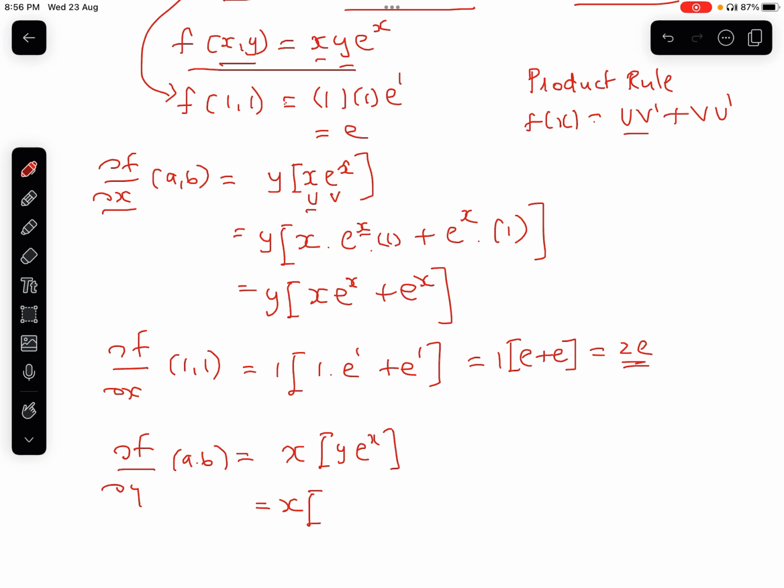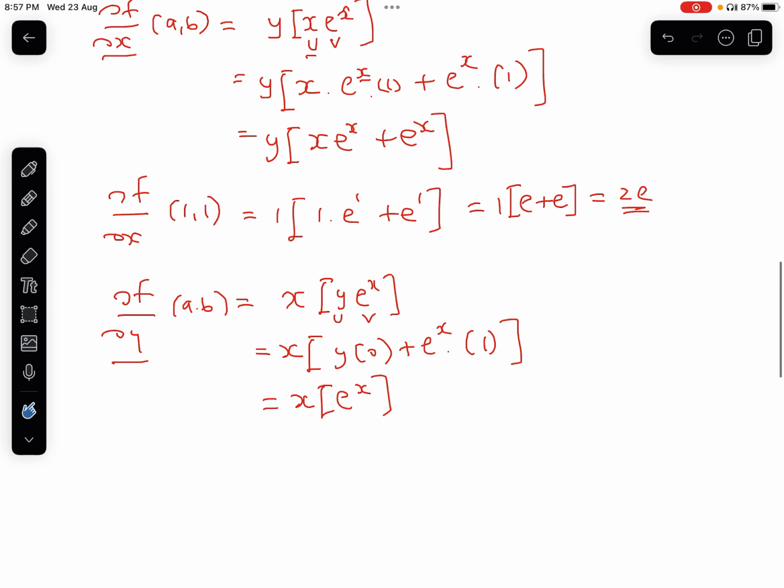We take u as y and v as e power x. Note that we are differentiating with respect to y. Therefore u v dash is 0, plus v as it is, e power x, times u dash, which is 1. So it is equal to x into e power x. Now the next step is to substitute the coordinates.